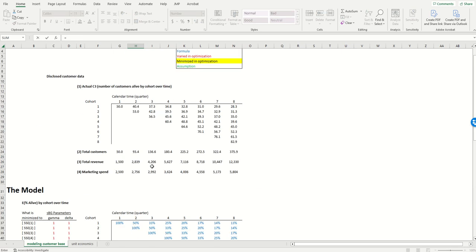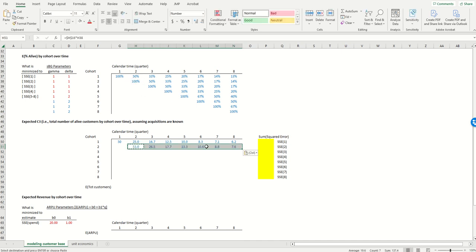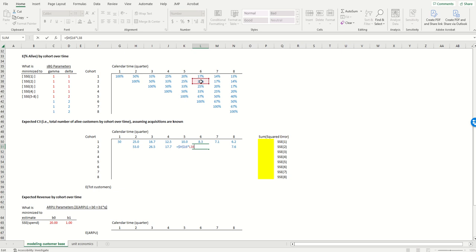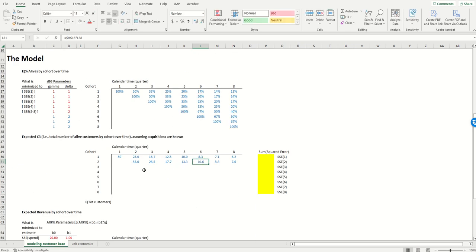It's the same thing with cohort number 2. I'm going to take the 53 customers that we started with and multiply by these values over here, where again, we're just picking that point off the retention curve and multiplying it by the number of customers we had acquired into that cohort.